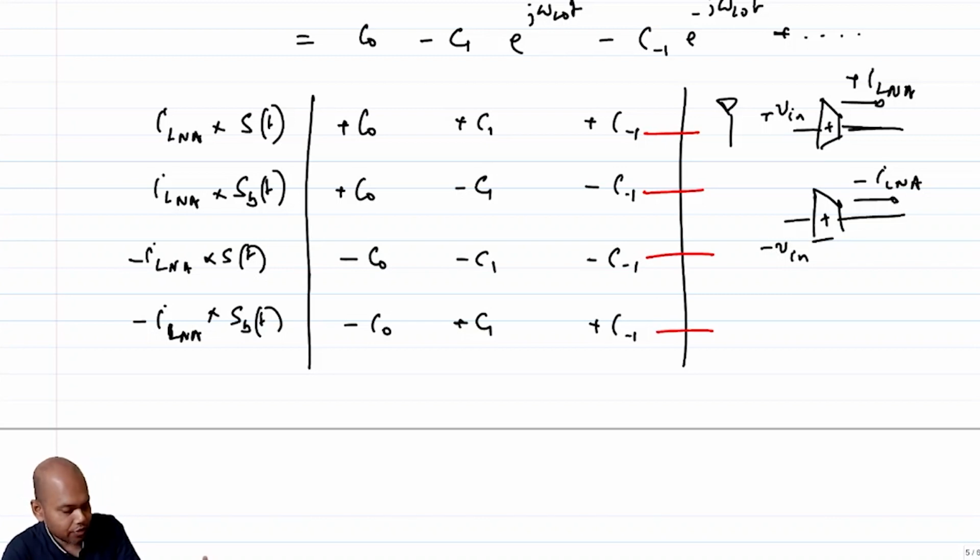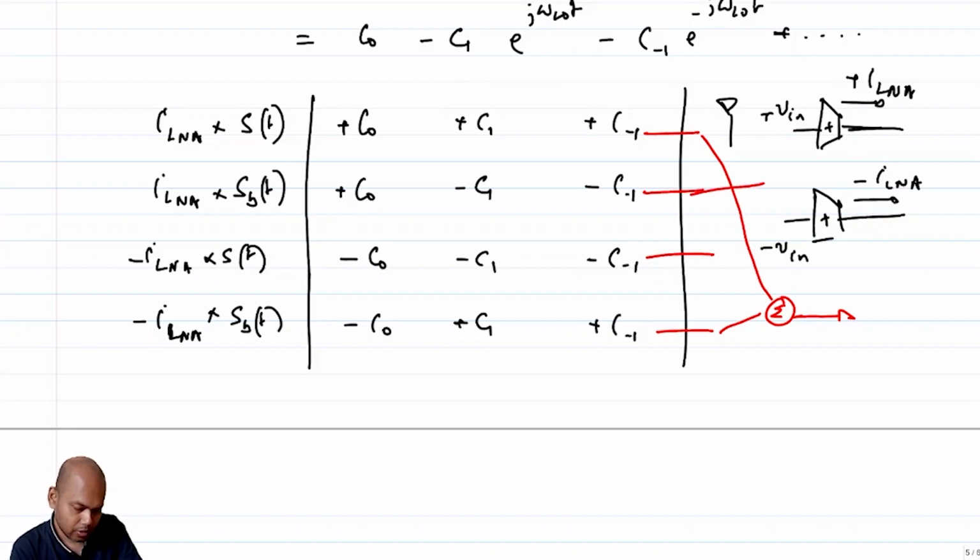And if I want to get rid of C0, and I want to retain C1 and C minus 1, which ones should we add? Clearly I have to add these two, right? And I have to add these two.